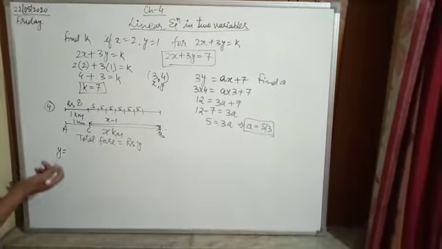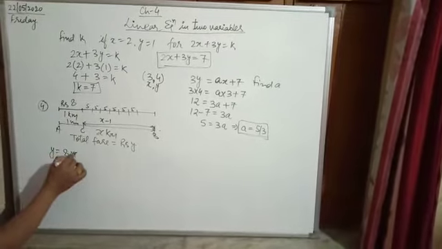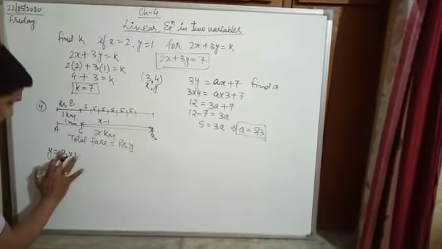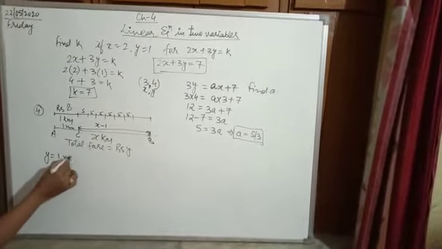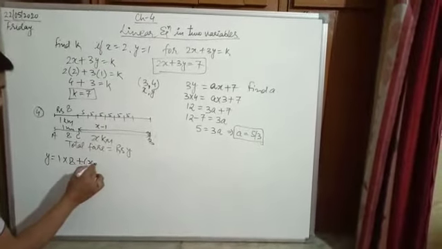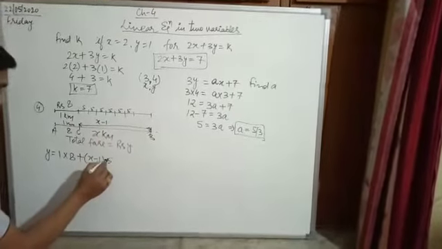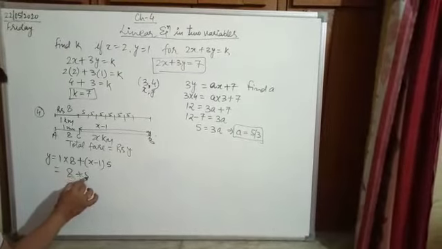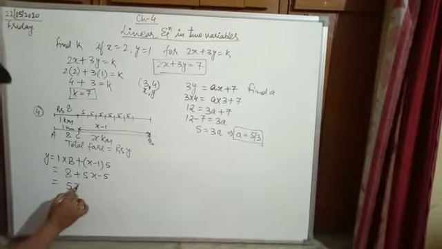How? For the first kilometer, rupees 8, plus x minus 1 kilometers at rupees 5. 8 ones are 8 plus 5x minus 5, then it is 5x plus 3.